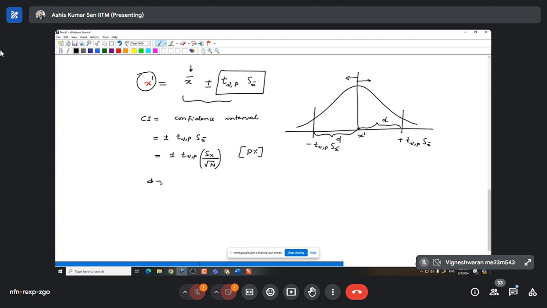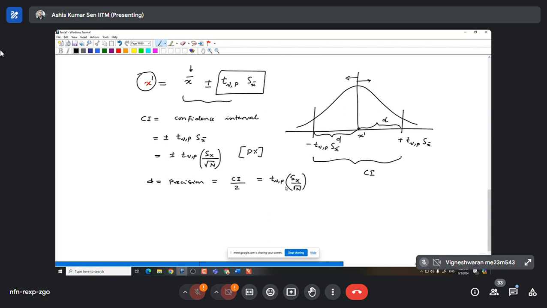So D is called precision, which is the confidence interval divided by 2, which is t mu p sx over square root of n. So the confidence interval divided by 2 is basically your precision.